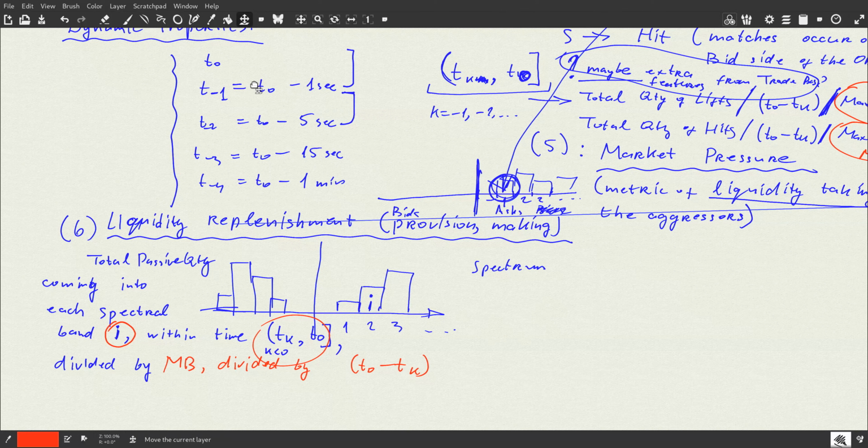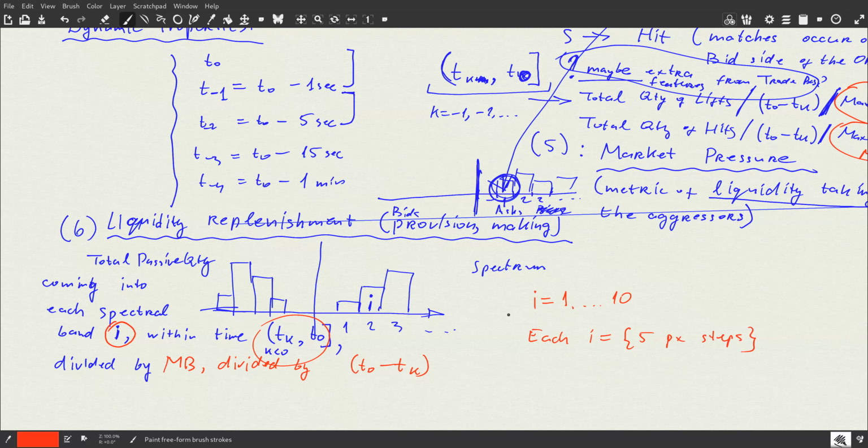You had altogether 50 layers divided into 10 spectral bands of 5, right? Yes. So basically, in your case so far, I was 1 to 10. Each I would include 5 price steps, right? Yes.